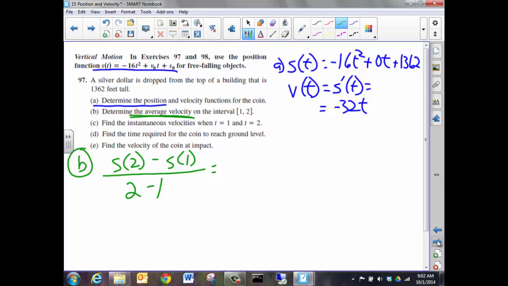At 2, we're at 1298. Minus, at 1, we are at 1346, over 1. Is that right? Isn't that the same thing we got a while ago when we did s of 2 minus s of 1?